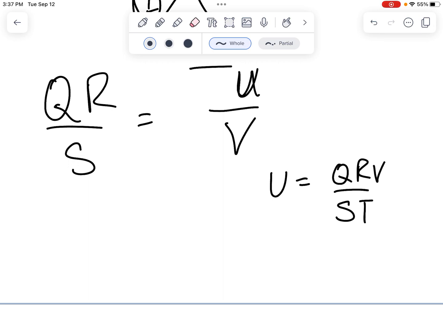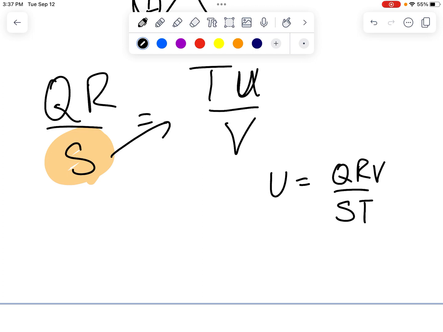If instead I wanted to solve for S, maybe, I need to get the S out of the denominator. That's my first move. So I'm going to take my S out of the denominator, and I'm going to get STU over V equals QR.